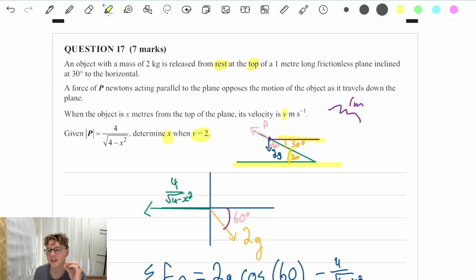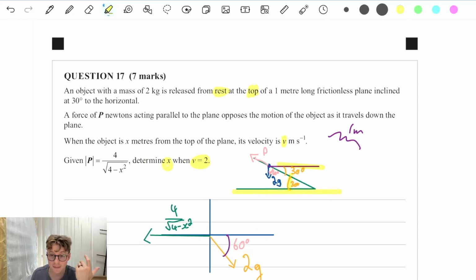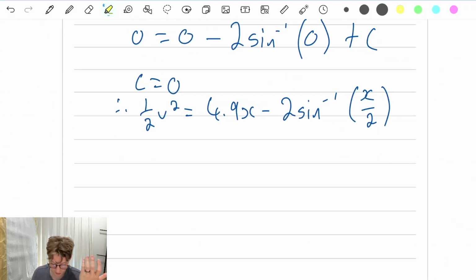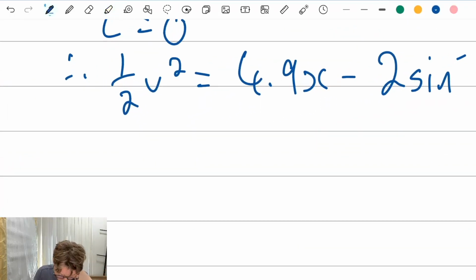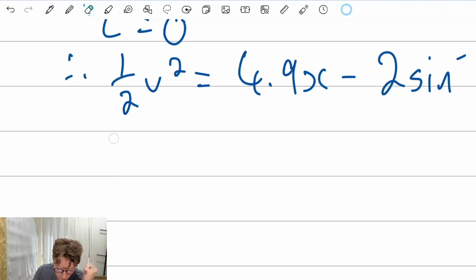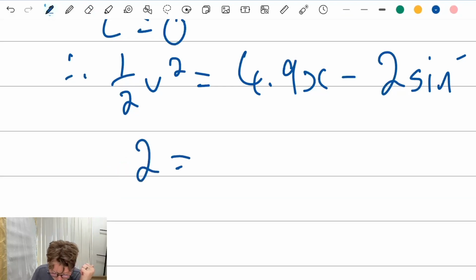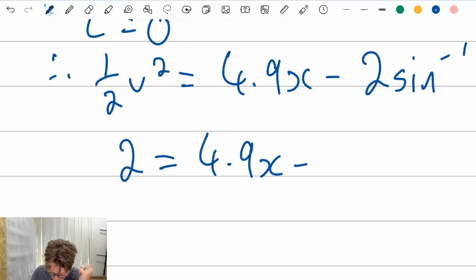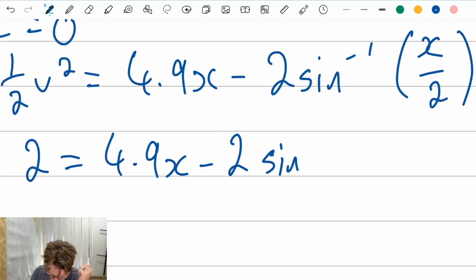So I'm simply putting 2 in place of my velocity, and I wind up with a half times 2 squared. I can cut to the chase here a little bit. 2 squared is 4, 4 divided by 2, I'm just going to wind up with 2. So we get 2 is equal to 4.9x minus 2 sine to the minus 1 of x over 2.